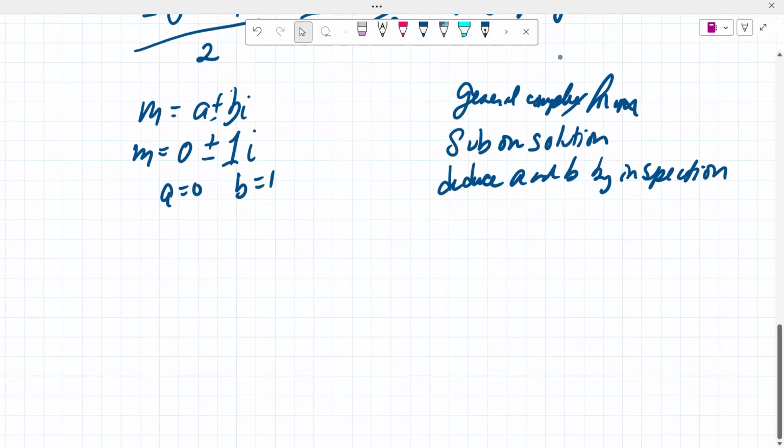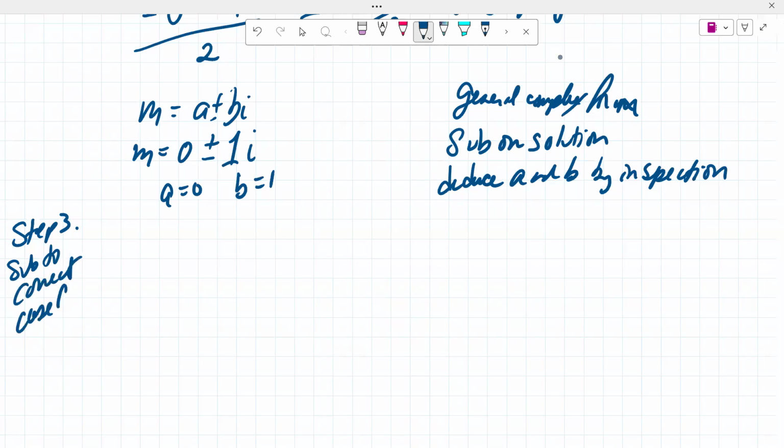All right, good. Now we're on to step 3, which is sub into the correct case form equation. So this is case 3, complex roots.